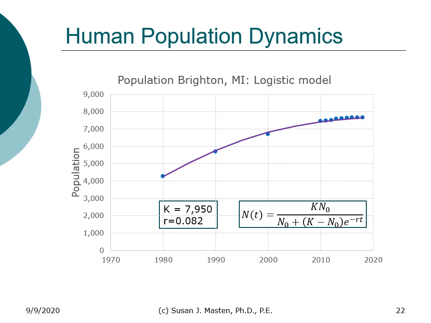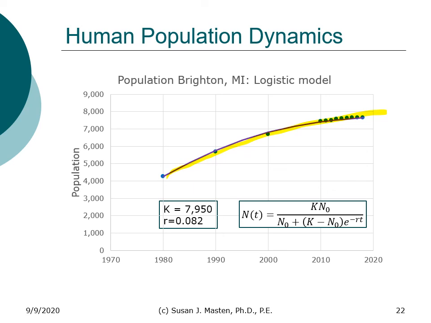And here we have a logistic model. I've modeled this with a carrying capacity of 7,950 and a growth rate constant of 0.082. And you can see a very, very good fit of the data.